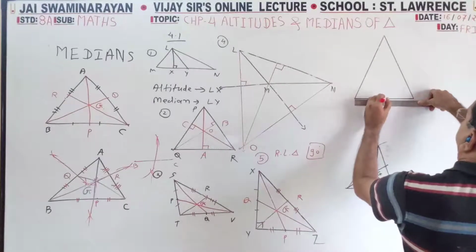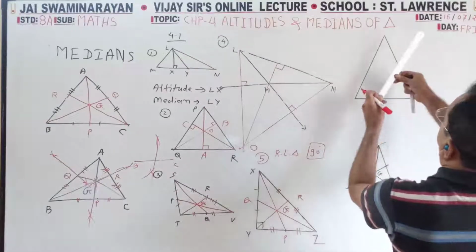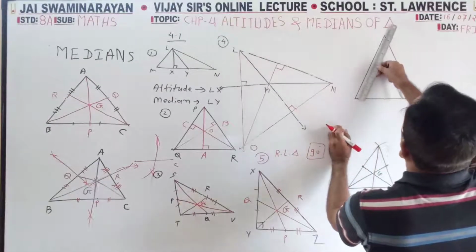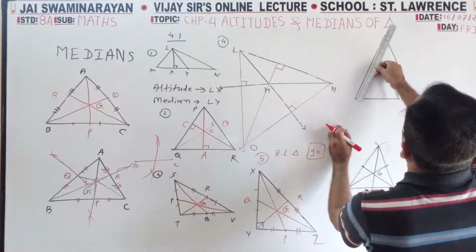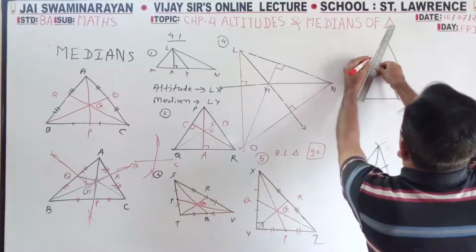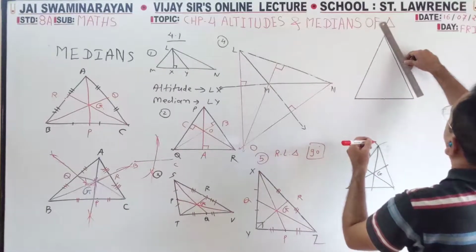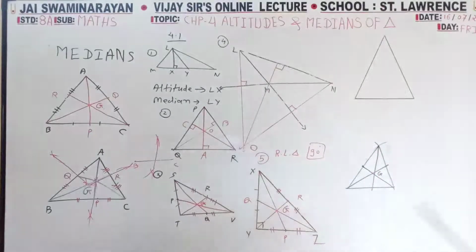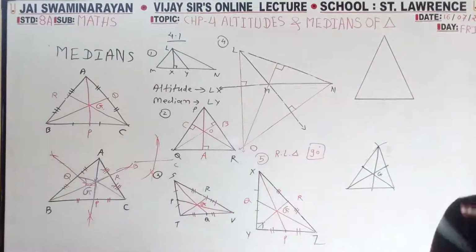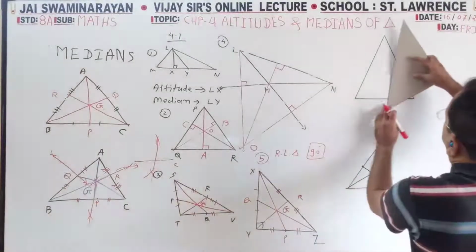So this one is a midpoint. This one is a midpoint. This one is a midpoint. So first join all the midpoints with opposite vertices.